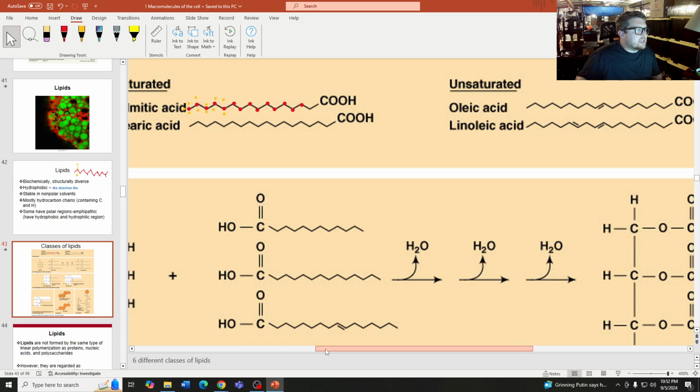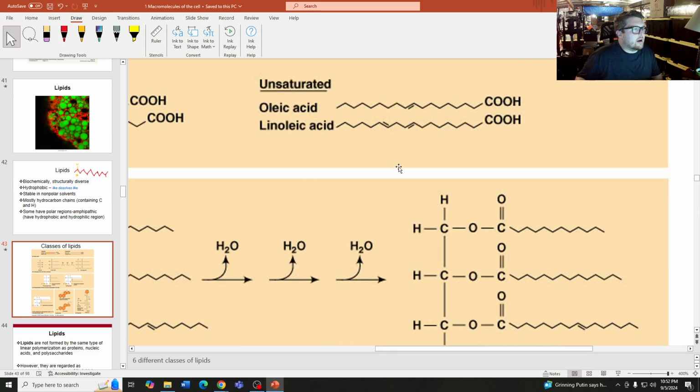Unsaturated means that it doesn't have a full amount of hydrogens. We have these double bonds right in there. The double bonds, meaning that when we look at this, this carbon has just 1 hydrogen there. 1 hydrogen, 1 hydrogen, 1 hydrogen.